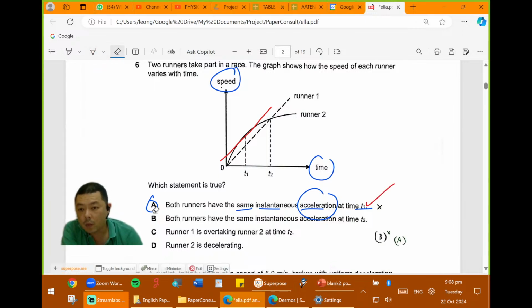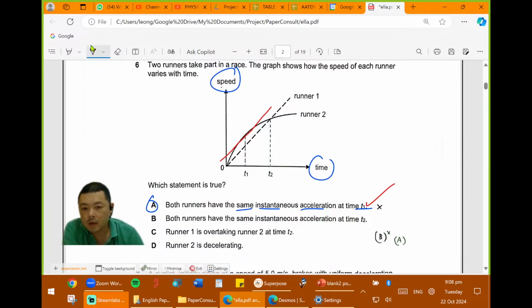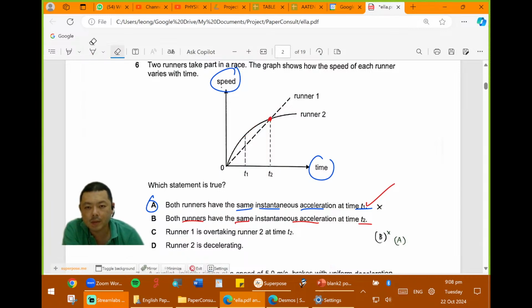Let's try to figure out why the rest are not correct. How do we explain to someone that the runners do not have the same acceleration at time t2? Yes.